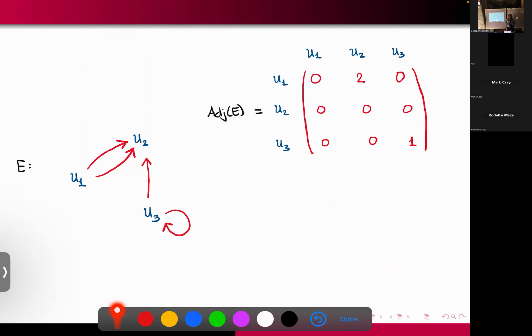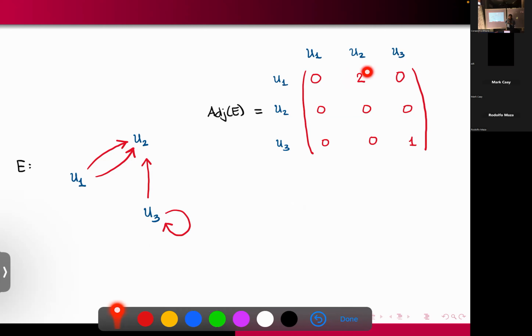Another way is through the adjacency matrix. So let's see what it is. If I have this graph E here, an adjacency matrix is basically a matrix representation of your directed graph. If I have vertices U1, U2, and U3, I will just lay these vertices horizontally and vertically here and here. So let's look at the entry 1, 2.